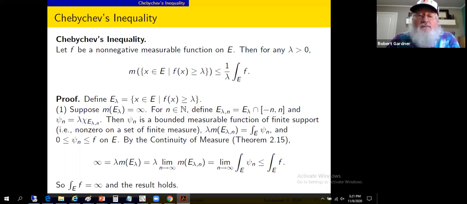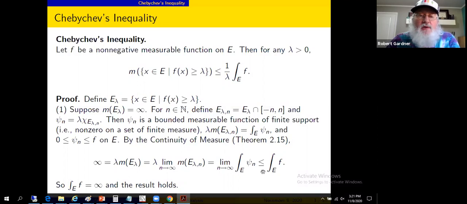Okay, the psi sub n's were all less than or equal to f. And let's see, let's get this inequality correct here.